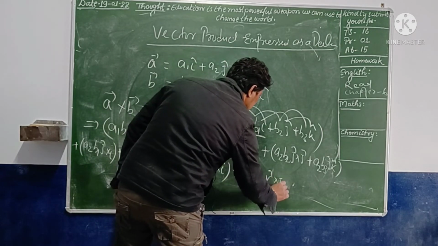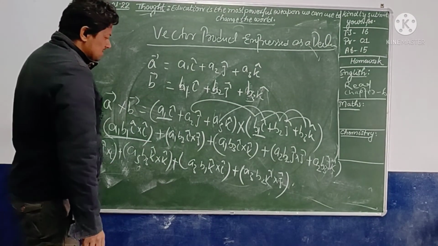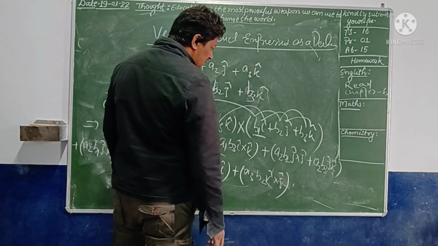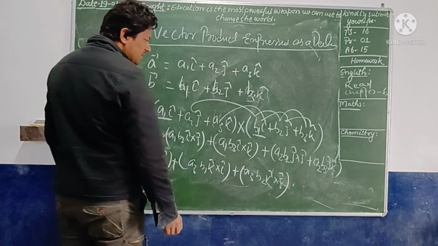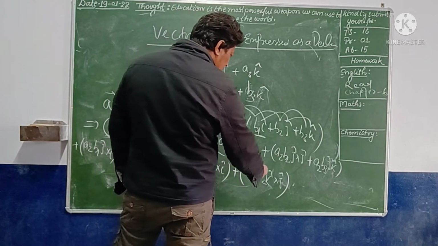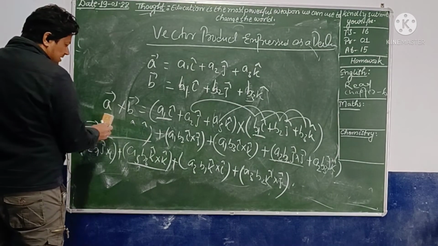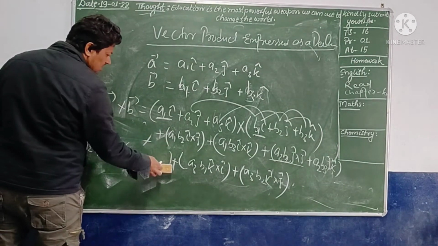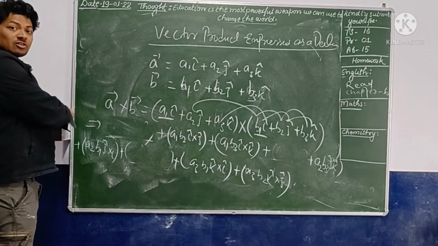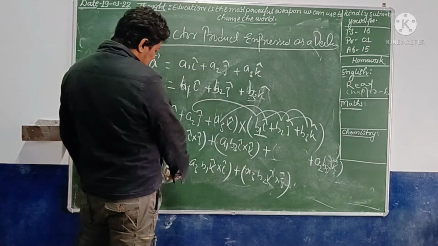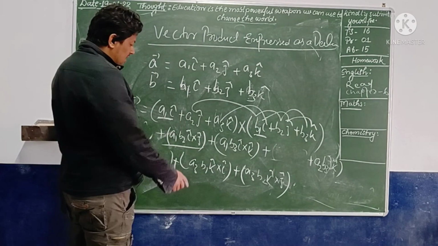Look, these values will be zero. First see which ones become zero: J cross J is zero, all three are zero. Eliminate these zeros from here. This one zero, this one zero, and I cross J cap, what I told you? K cap.